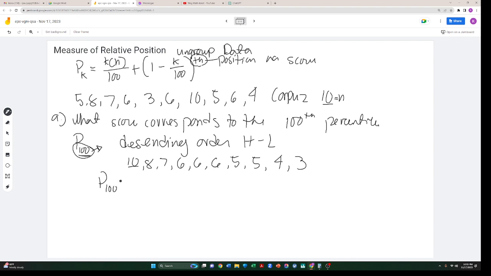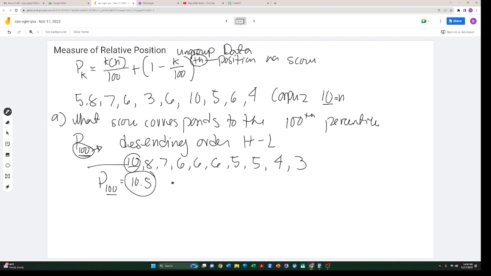P sub 100 is equal to 10.5, because 10 is written with its upper boundary, so you just add 0.5. It is always like that. So the highest is 10.5, which is the percentile point, and the percentile rank is 100.